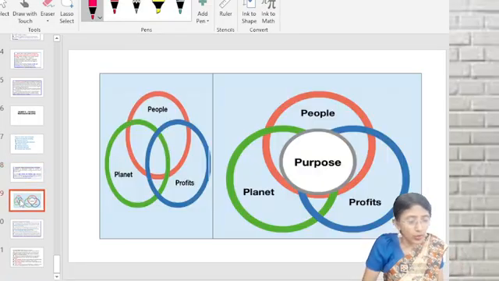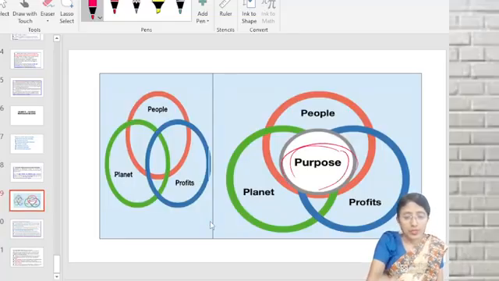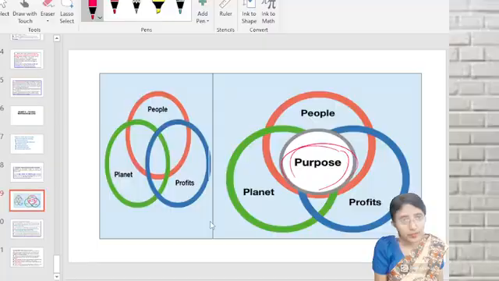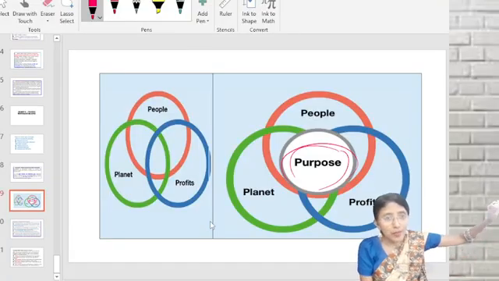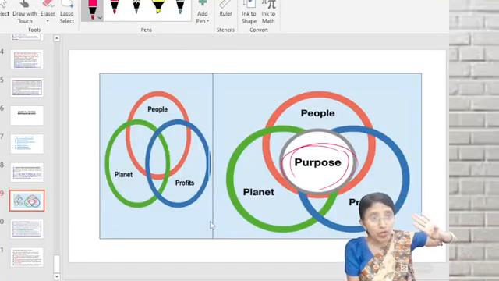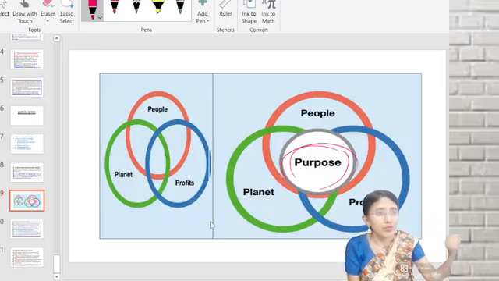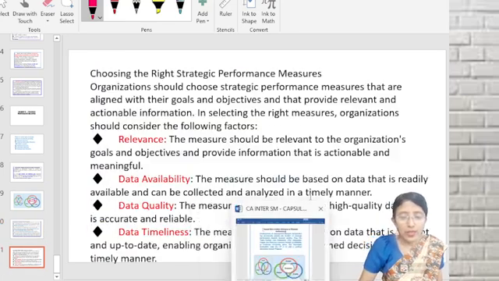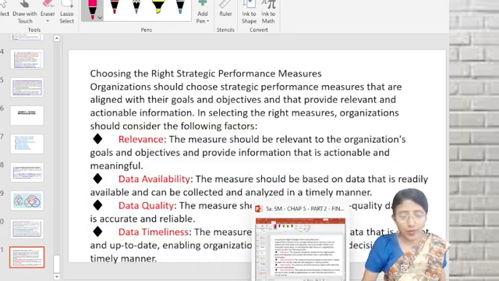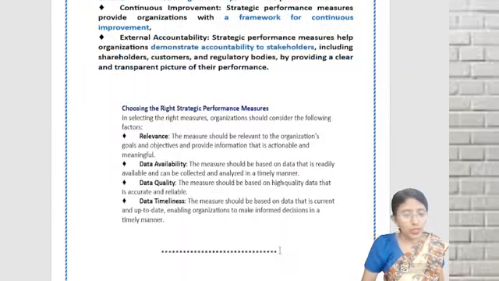And under the fourth one, you are adding purpose also. Planet means environment, place, space, environment. So in the triple framework you will have planet, people and profits. In the quadruple you will have people, planet, profits plus purpose. Is that clear? So with this, the discussion of the 5 important aspects is done. Okay, so that is what we have given.